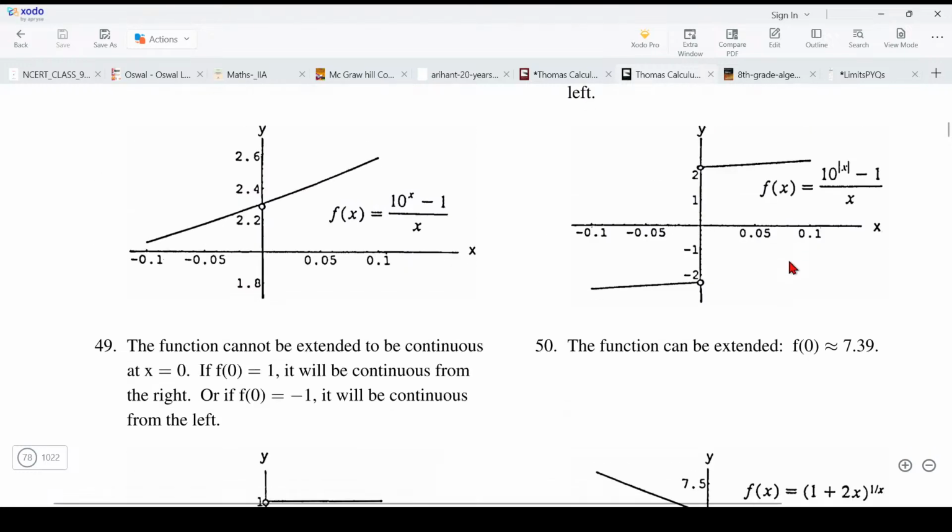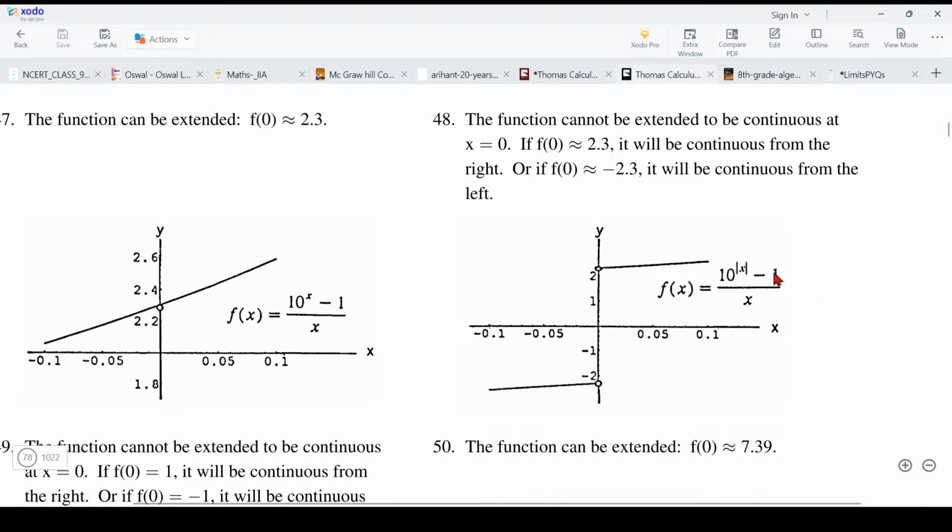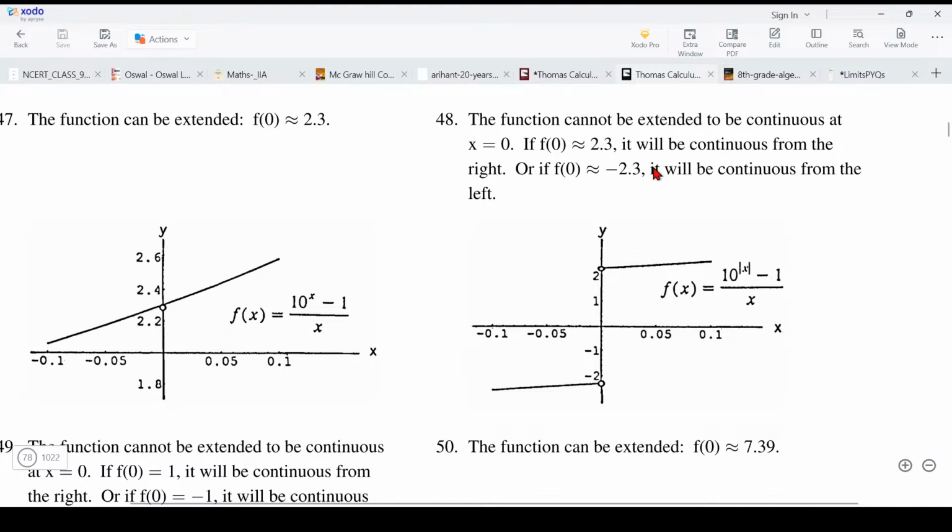Now this one will be continuous from the right and the left, but there is a break, so it cannot be extended. If we define f of 0 equal to 2.3, it is continuous from the right.